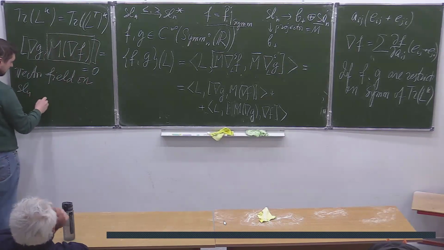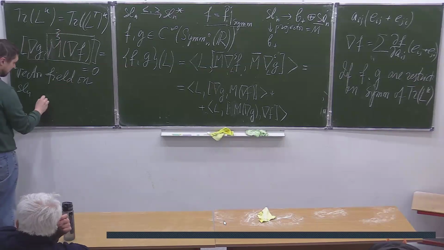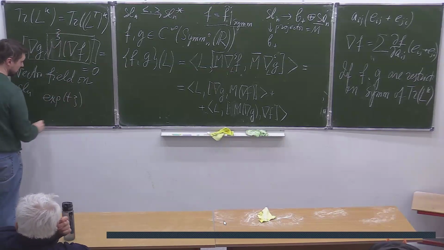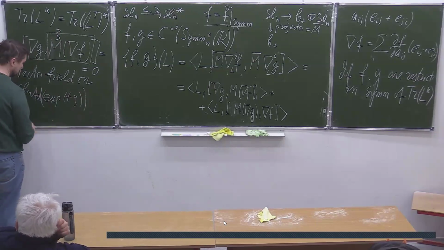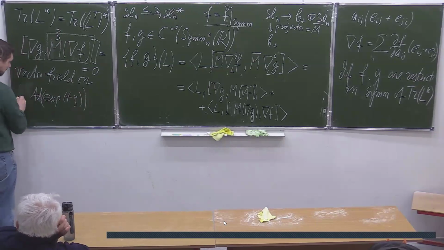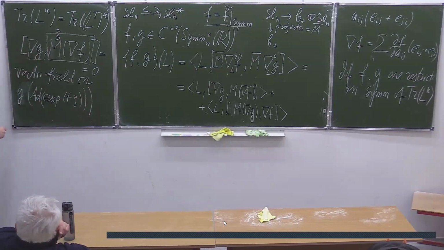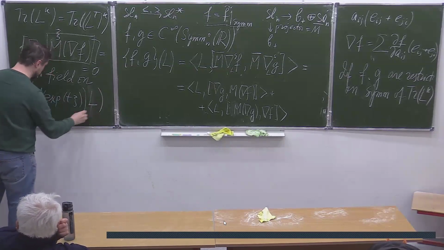Namely, if this vector is psi, we can take the exponent of t psi, take the adjoint action by this exponent, and apply it to the function g, of L or of something.